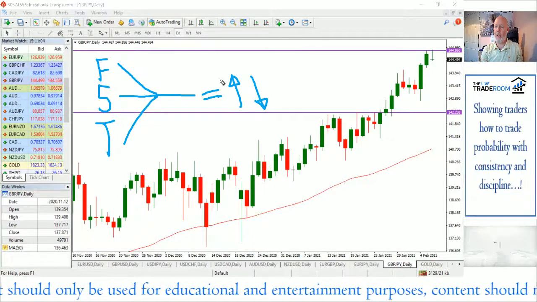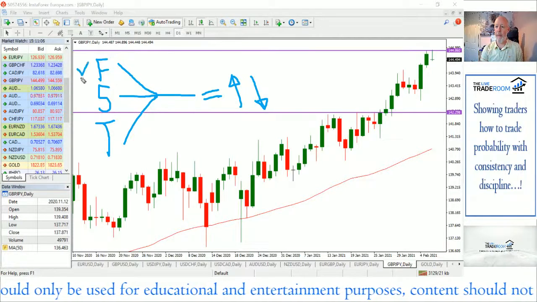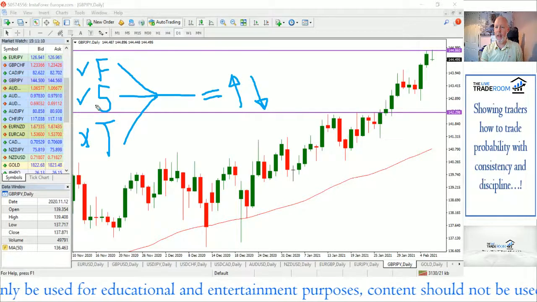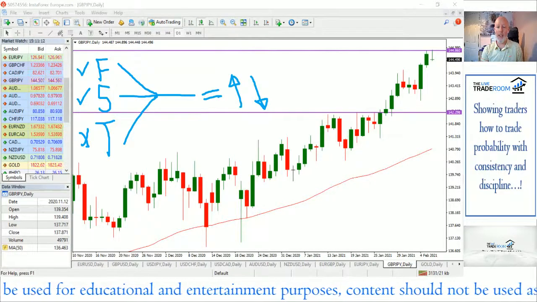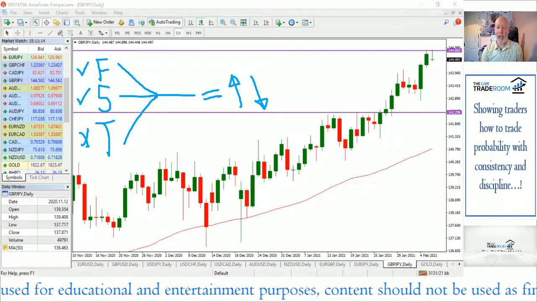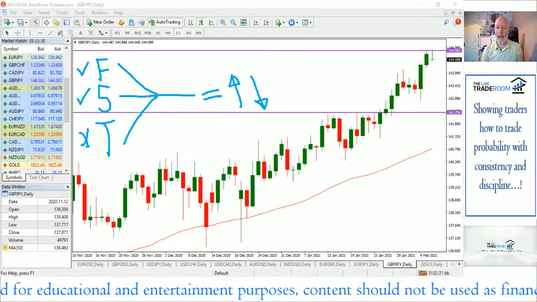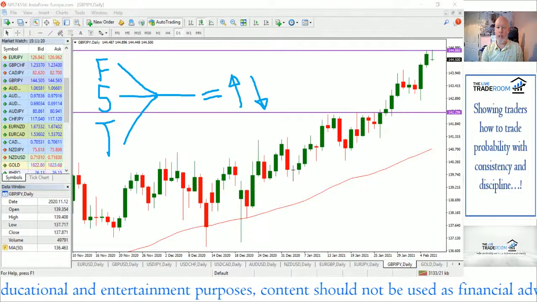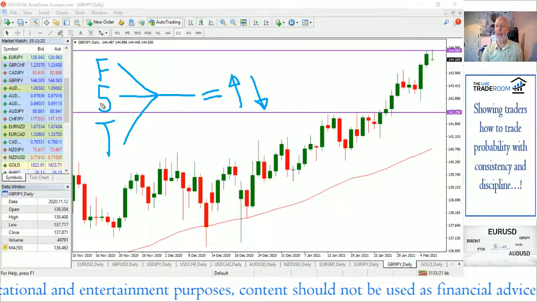Sometimes you can have the fundamentals and the sentiment, but really poor technicals. These don't always necessarily fit to any great extent, but in situations like that you can make allowances for it. You can sort of trade around it.